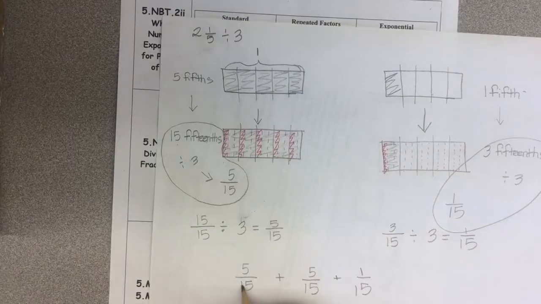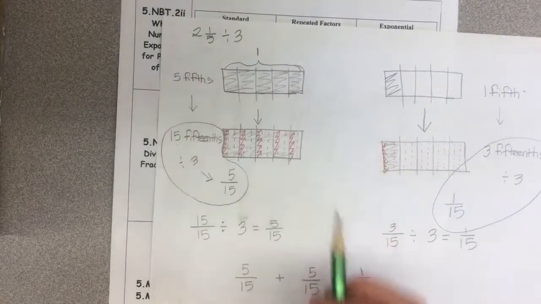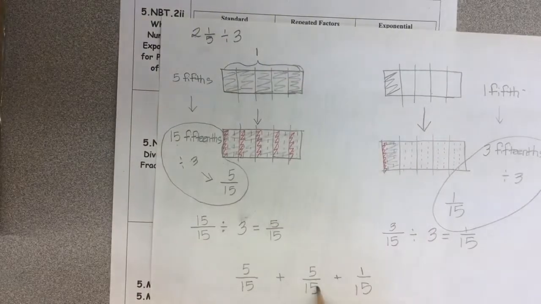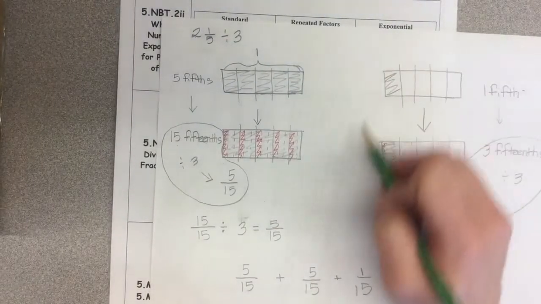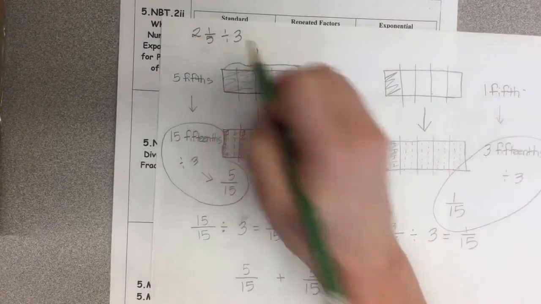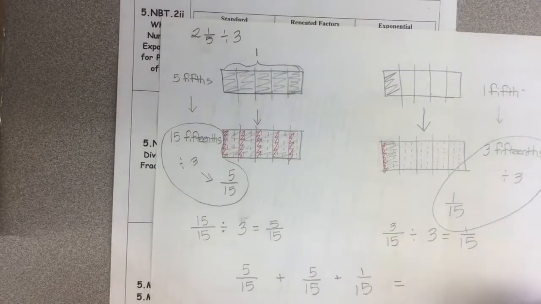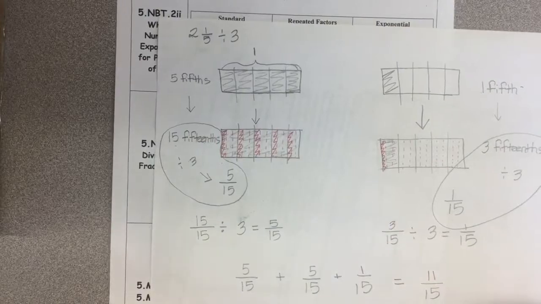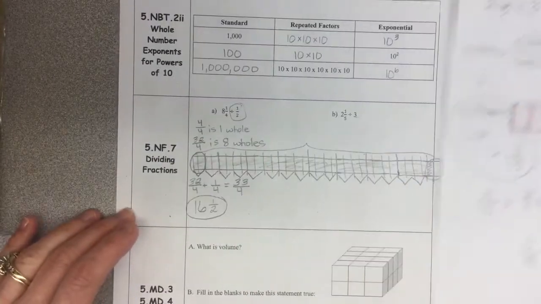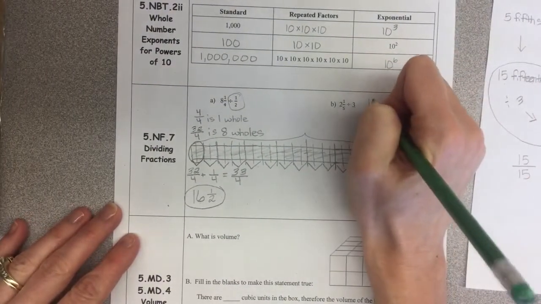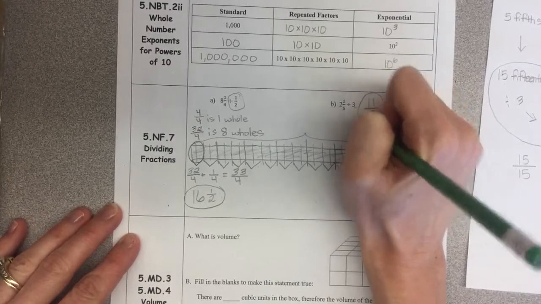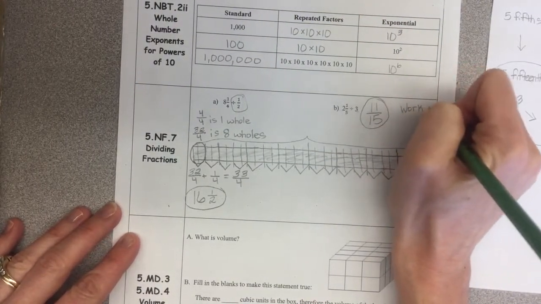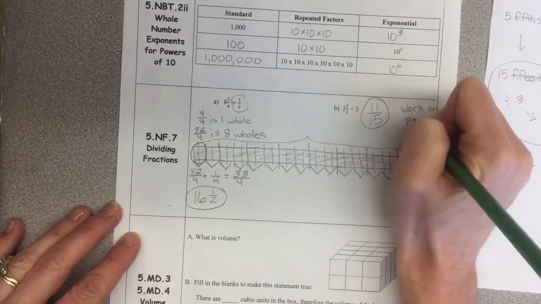And the 5/15 I got from the first whole, and the 5/15 I got from replicating that as a second whole, and then 1/15 from the 1/5 divided by 3 is equal to 11/15. So this would be 11/15 and work on paper.